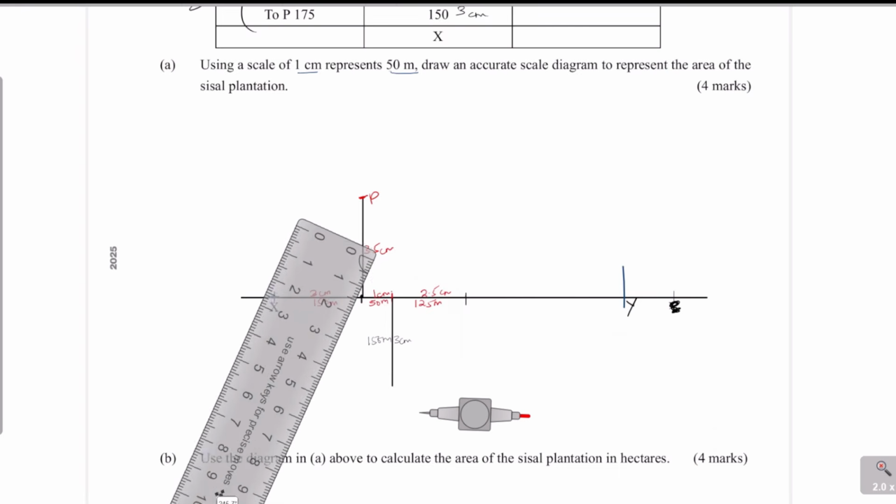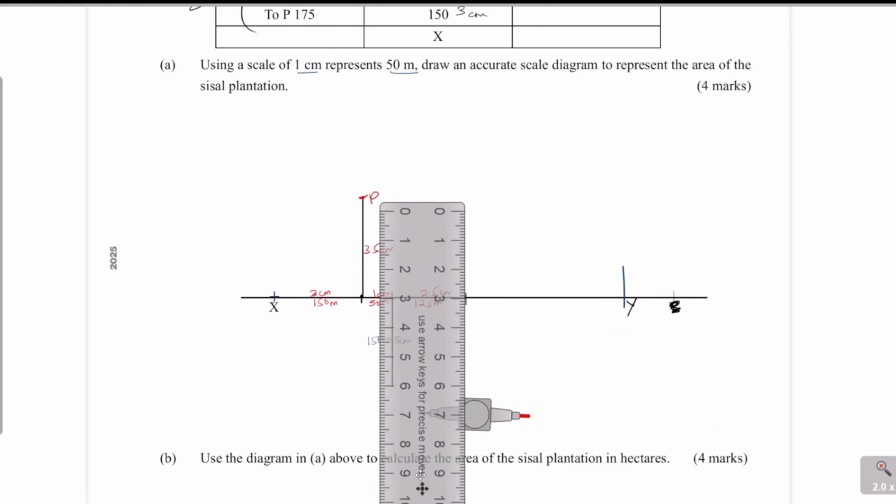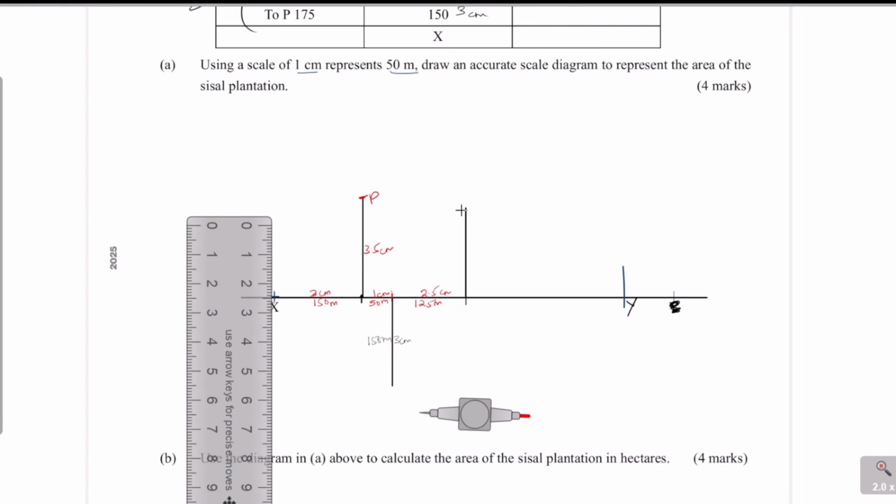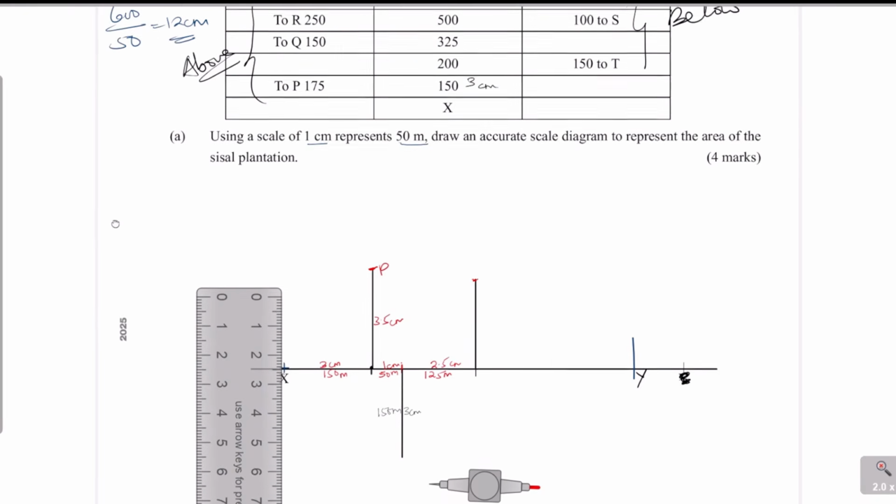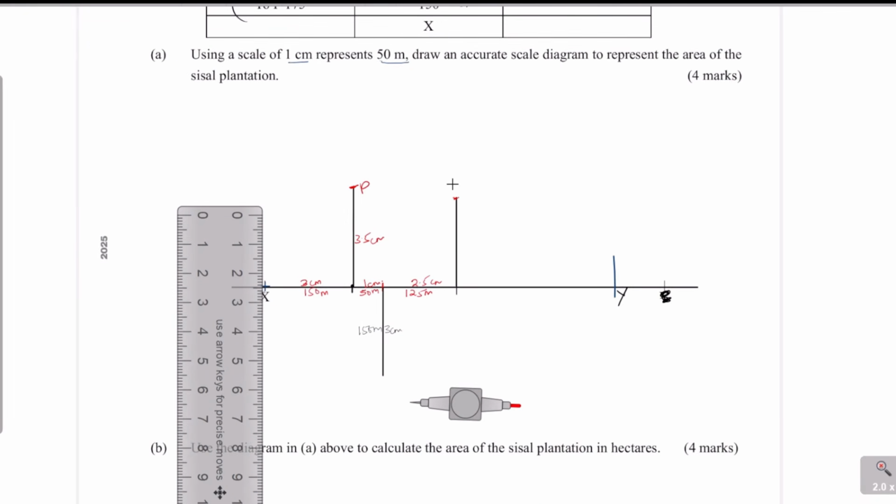There it is. So now this is the point that we need, that will be Q, and we've measured 3 centimeters, which is the same as 150 meters.